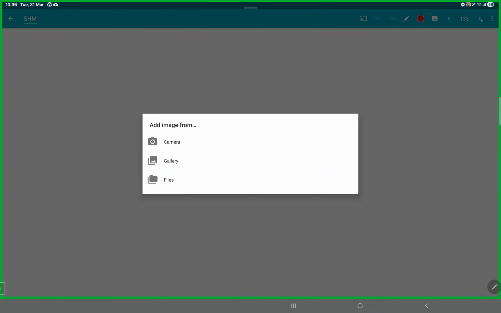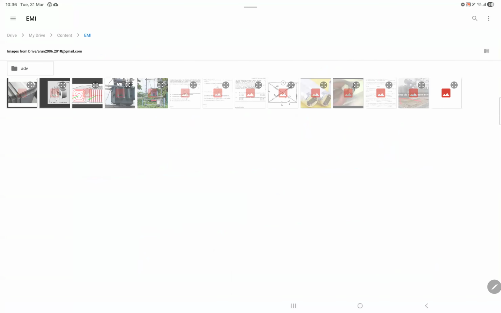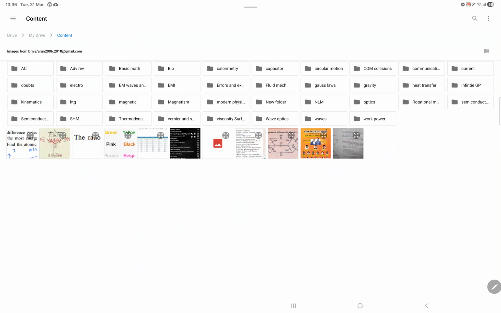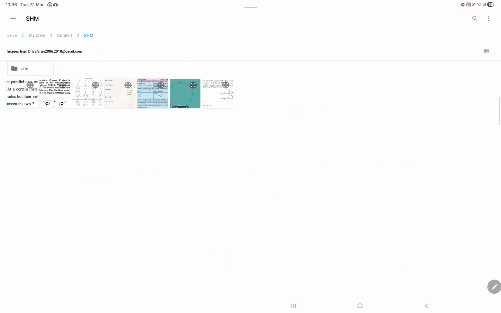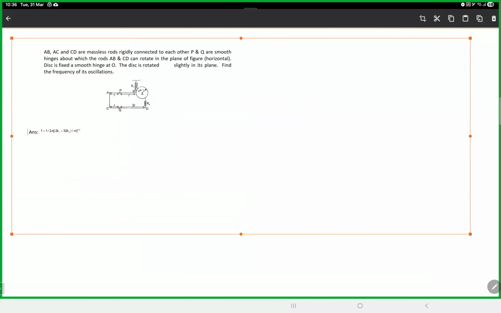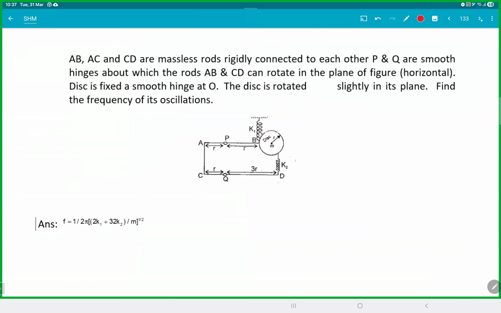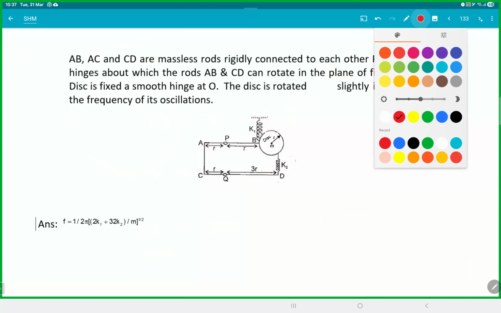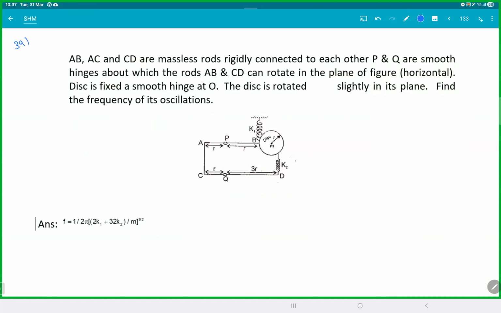So that was one. This is another one. Everything is there. It's like a spring and a rod and all this stuff. So you should check it out. That's your question 39. This P and Q are like hinges here, so these 2 points will not move. For small oscillations, we can assume it is rotating about PQ.